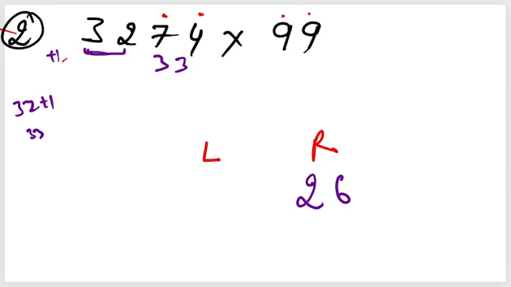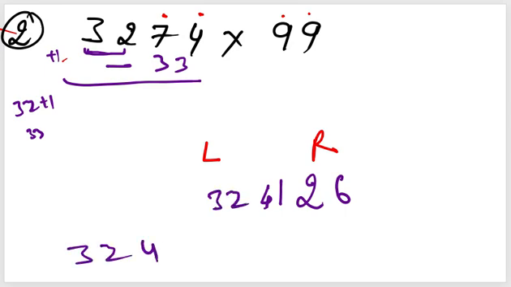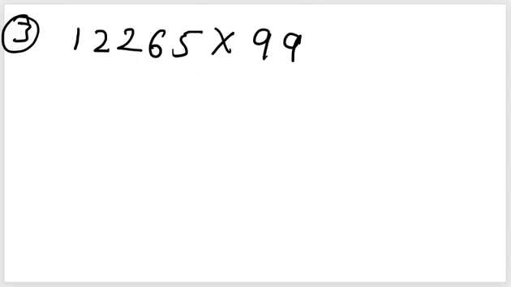So when you subtract 33 from the whole number, you are going to get here, 4 minus 3 is 1, 7 minus 3 is 4, and then you are having here 32. So the answer of this particular multiplication is 324126. So just see that if you are avoiding multiplication here, addition and subtraction sometimes seem to be far better. So let's see one more example here.